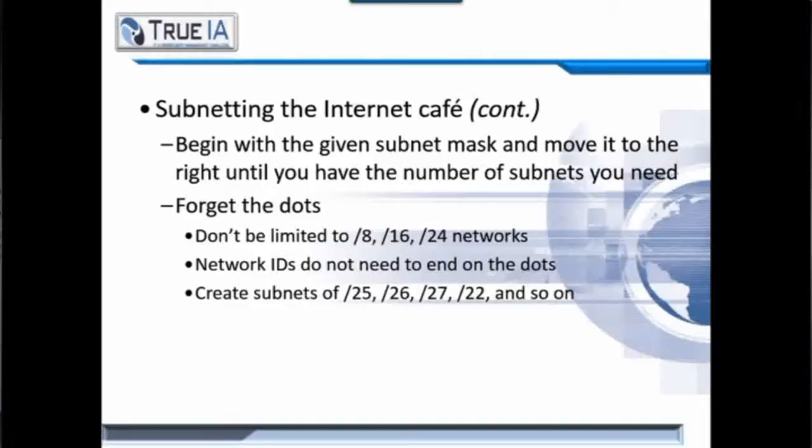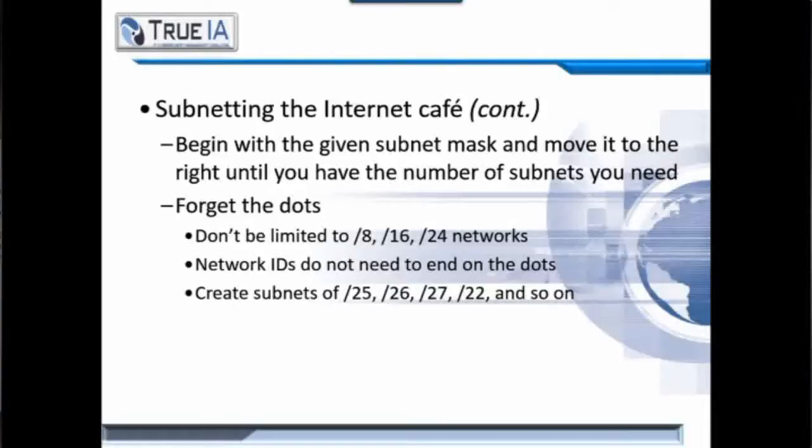So to give each computer a unique host ID, we begin with the given subnet mask and move it to the right until you have the number of subnets that you need. At this point, you really don't need the dots, so you're not going to be limited by /8, /16, or /24.